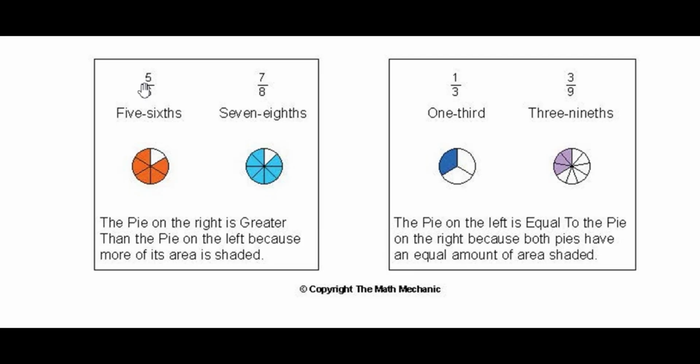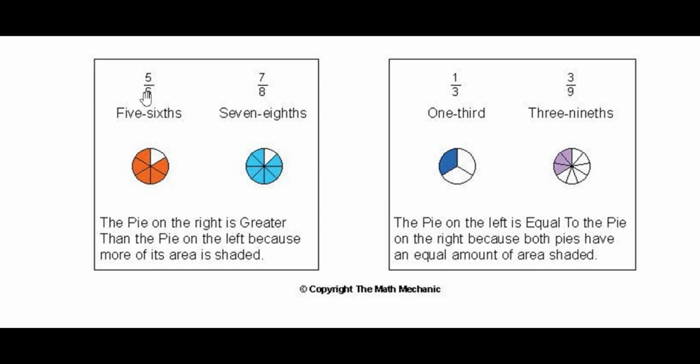As you can see here, the pie that represents 5/6 has 5 of its 6 pie slices shaded.